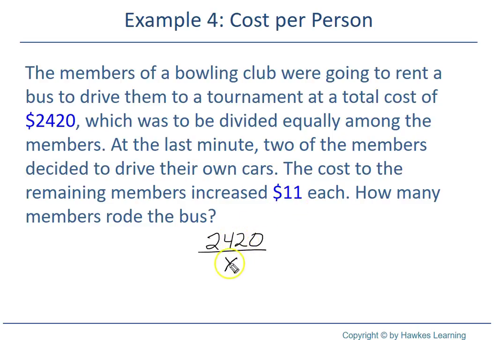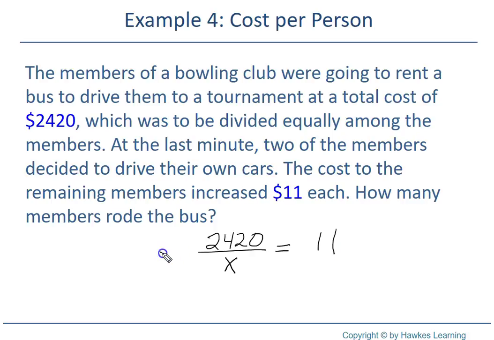Remember, this would be the total cost divided by the members. So this would equal a certain average here. But we're saying once 2 of the members pulled out, this average cost increased by $11.